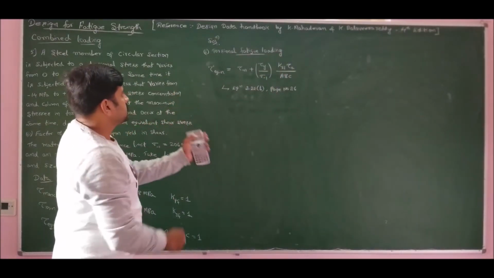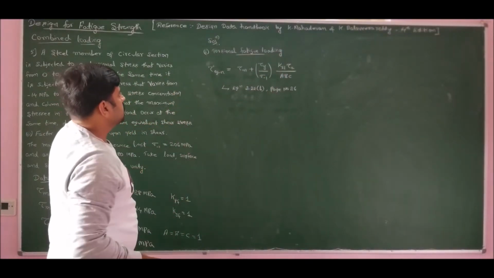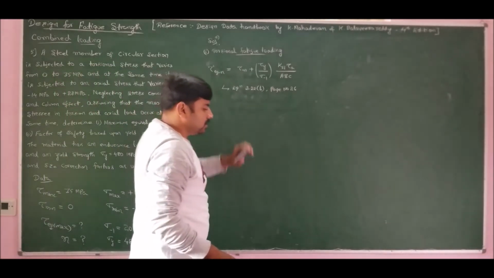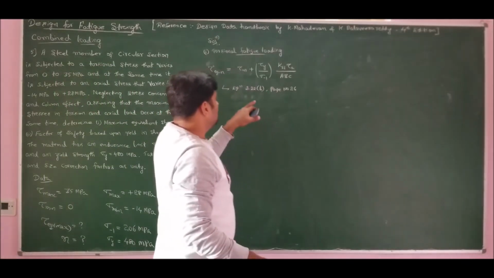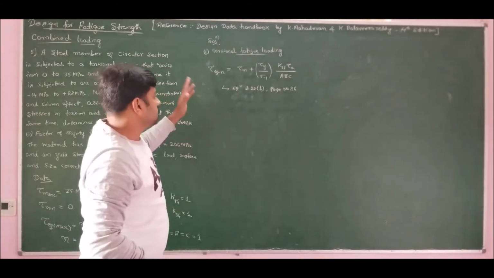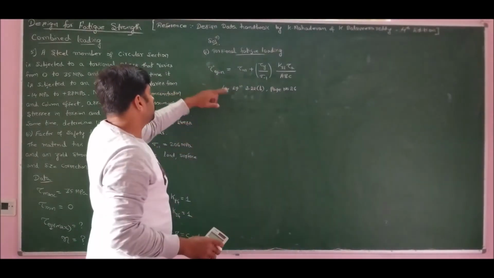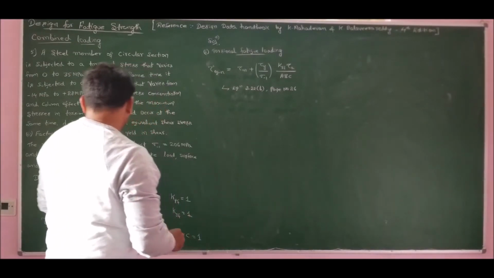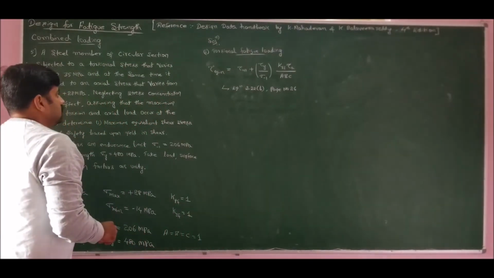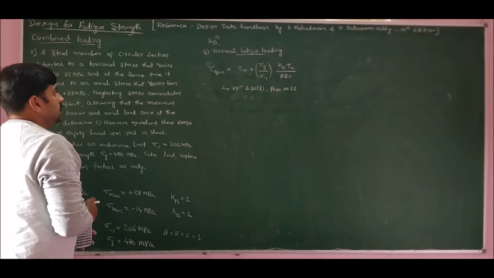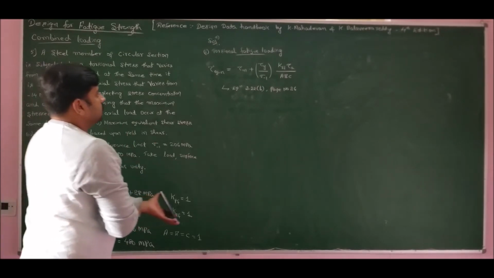I should find this for the torsional fatigue loading case. Similarly, I should solve equation 2.22a on page number 26 for the axial fatigue loading case. Let us solve this first and find the value of tau equivalent 1. Since we should calculate the factor of safety directly, I will get the answer for tau equivalent 1.